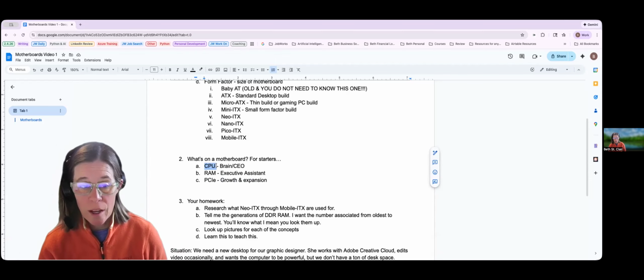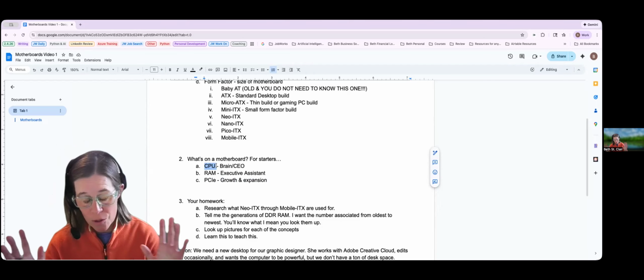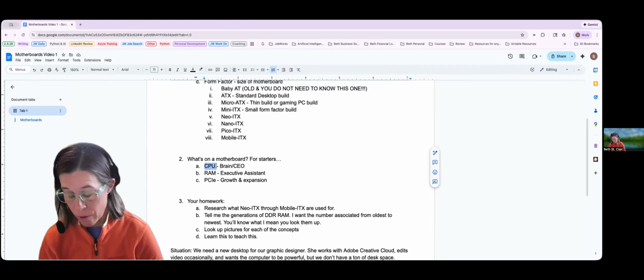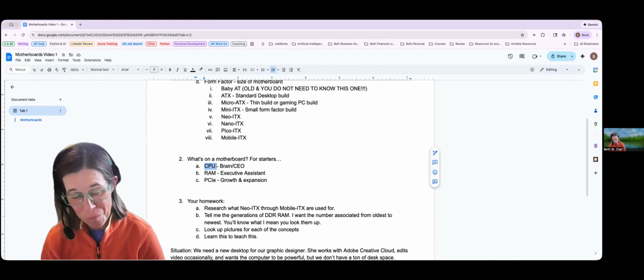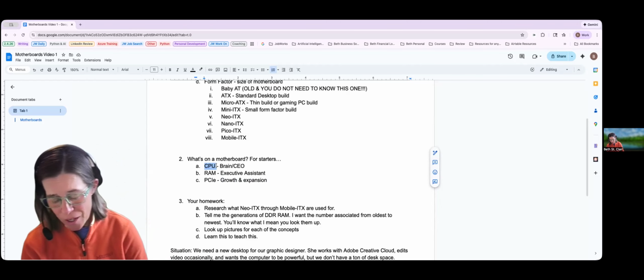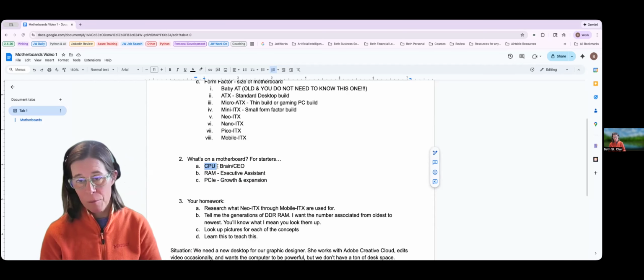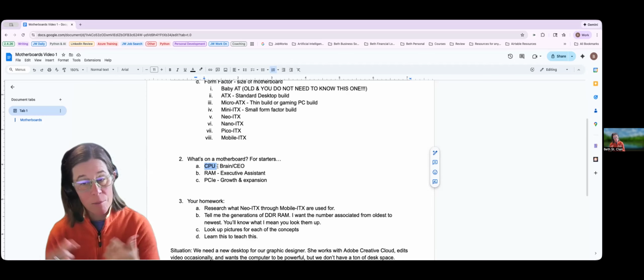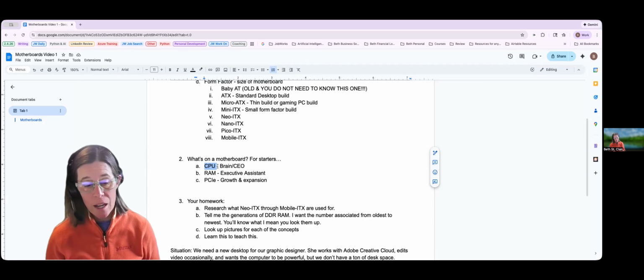So the CPU, we have all different types of CPUs. Again, you do not need to know everything right now. I just need you to think of it as the brain or the CEO, my bad. So when I put something into the computer, I might type it, I might click a mouse, I'm talking into a microphone right now.